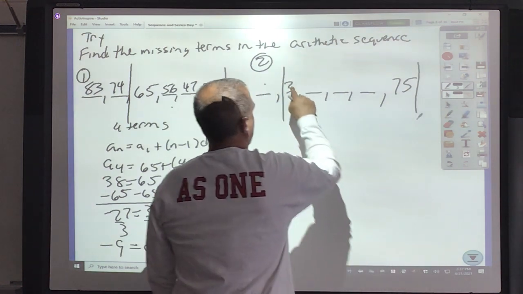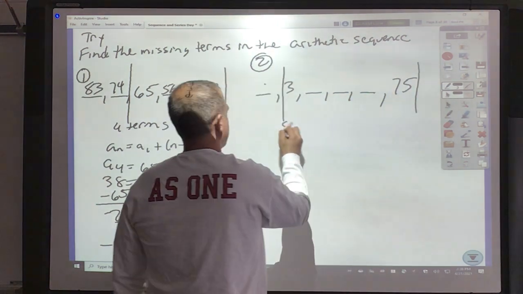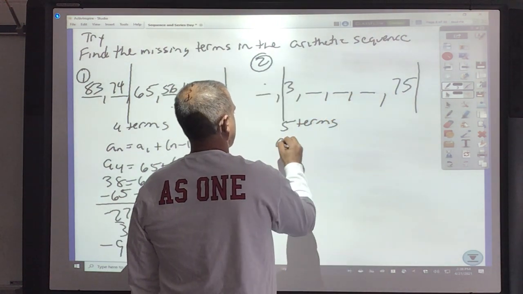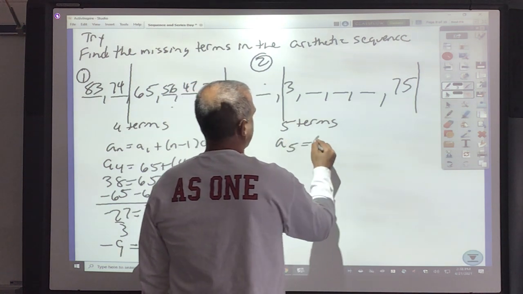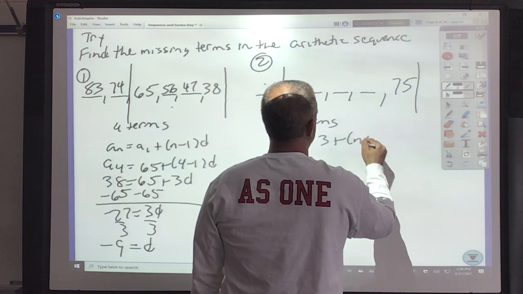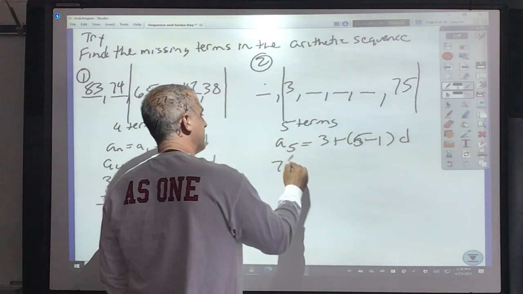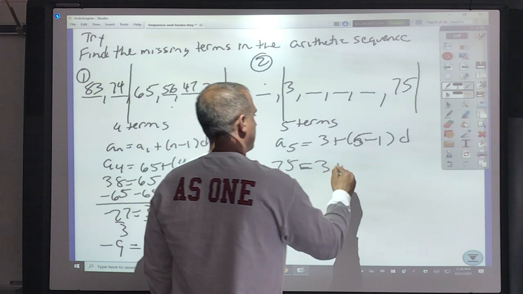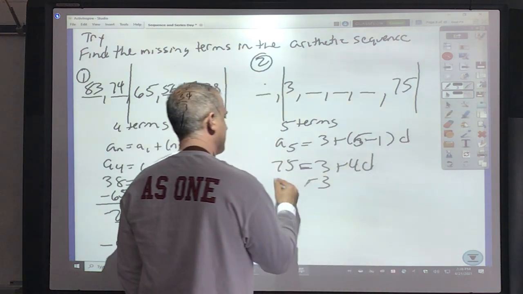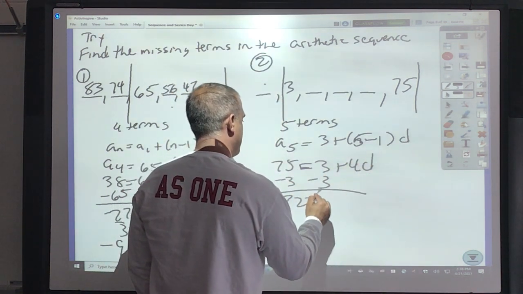Okay, block those off. I got 1, 2, 3, 4, 5 terms. Okay, so I'll just go ahead and put the 5 in. Skip ahead a little bit here. My fifth term is 75. Subtract 3. That's 72 equals 4D.